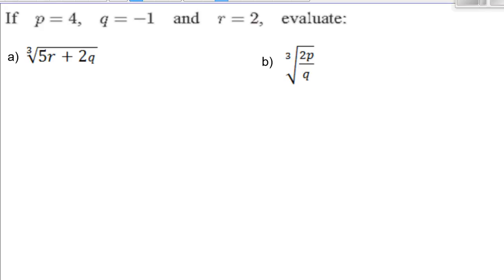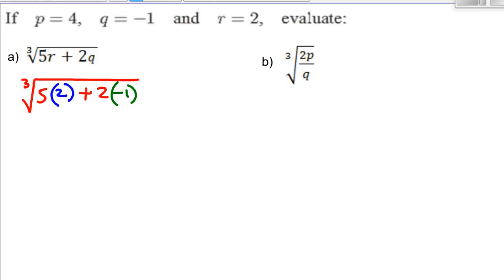Here is another example involving substitution involving cube root. So we'll do the same process. So 5 into bracket, we substitute whatever R is, which is 2, plus 2, and then whatever Q is, which is -1.